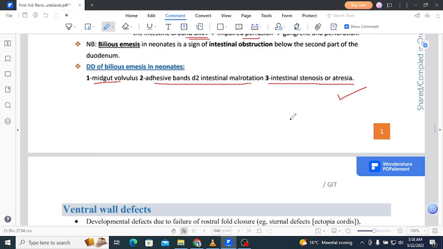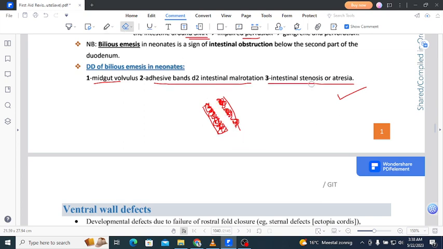We'll see that in detail, but the problem is that during the embryonal development, for example, we're talking about duodenal atresia. In the duodenum, during the embryology there is a repetitive effect in which a luminal organ forms, then the cells start proliferating inside it, and after some time that gets recanalized again.